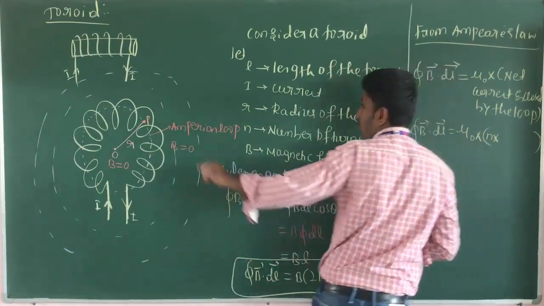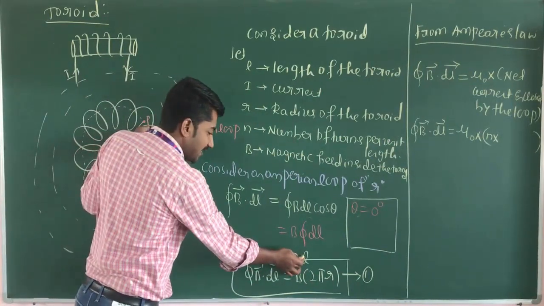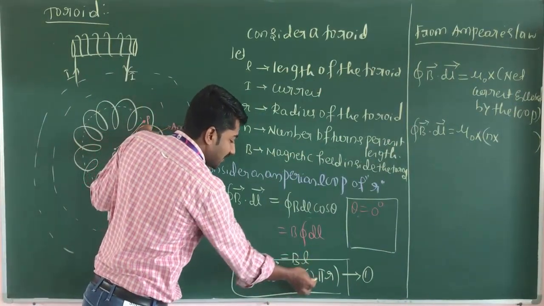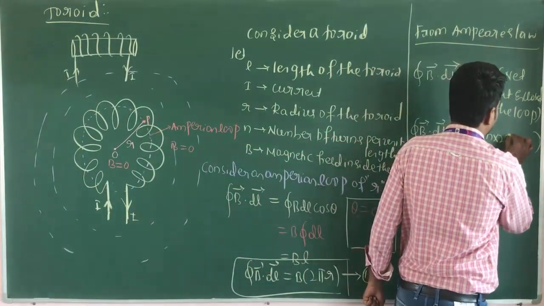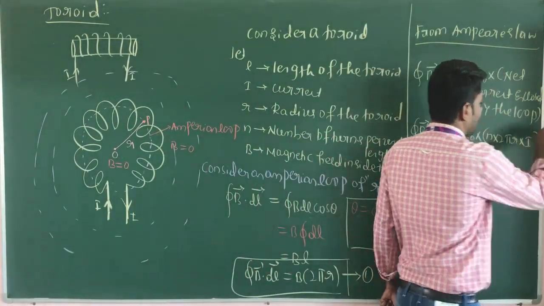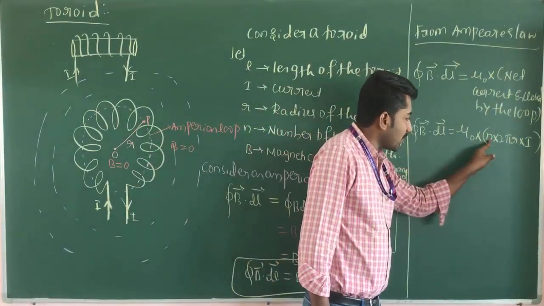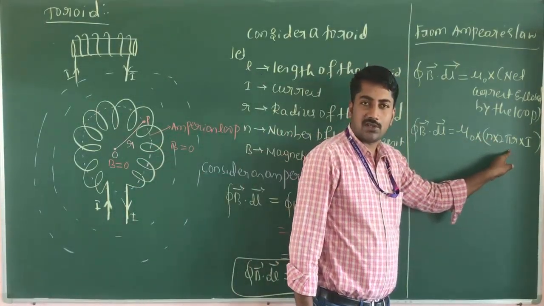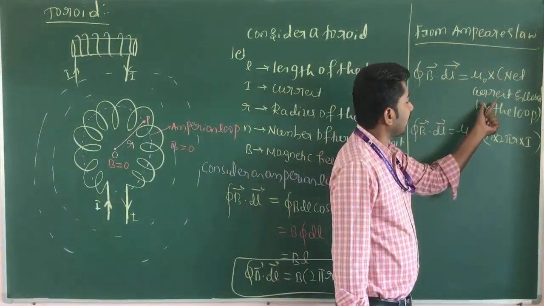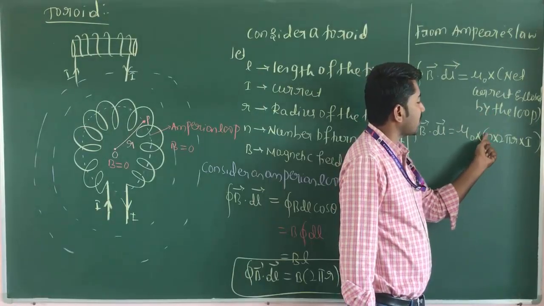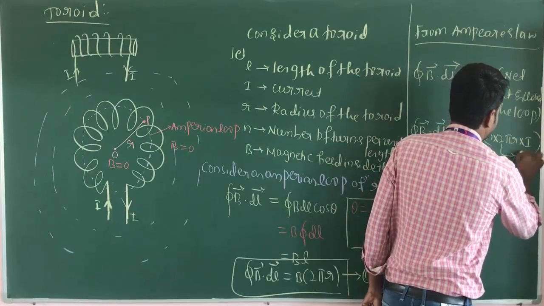The toroid is in the form of a circular ring, with circumference 2 pi r, so the net current is n into 2 pi r into I. Here n is the number of turns per unit length, 2 pi r is the length of the toroid, and I is the current in the toroid. The net current enclosed depends on all these factors. This is equation number 2.